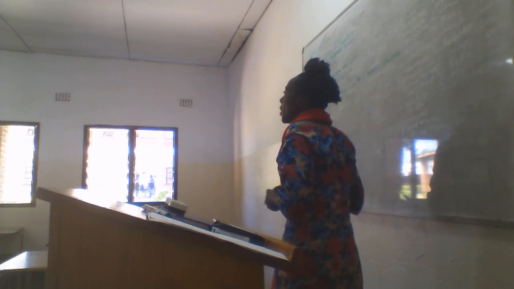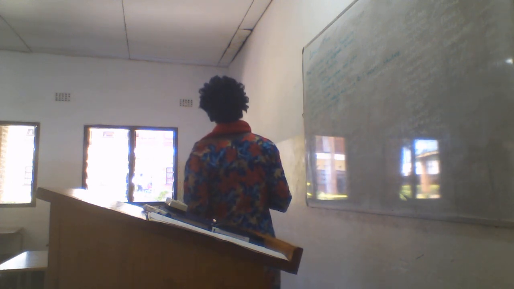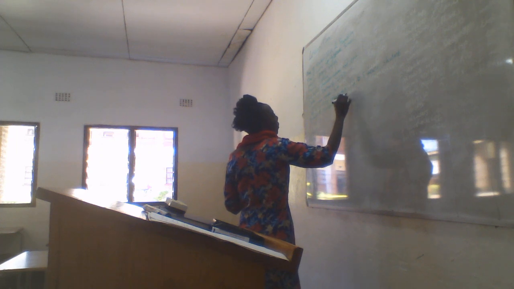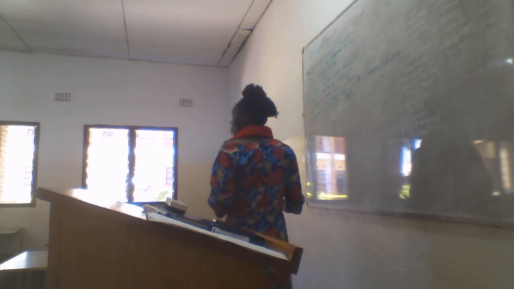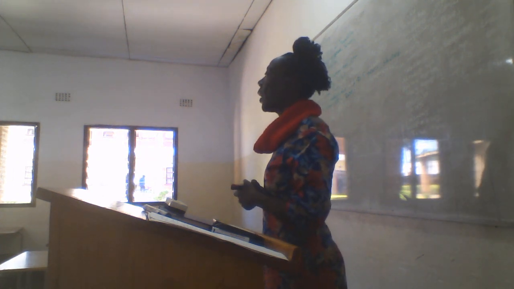Bear in mind that in ECD you are able to teach up to standard 3, okay? Number of children, 35. Sometimes you might find there might be 200 in a class. So you indicate the number of students that you have in that particular lesson.